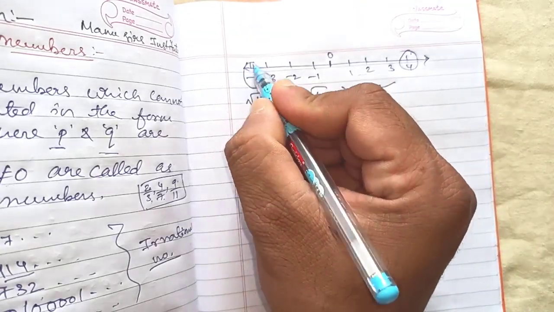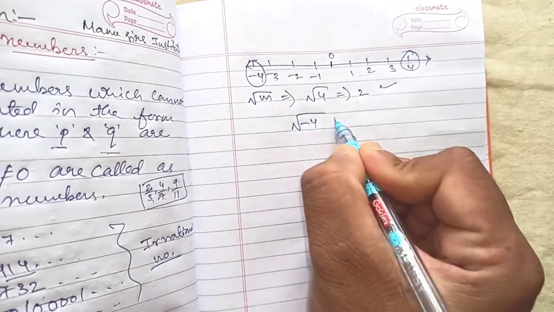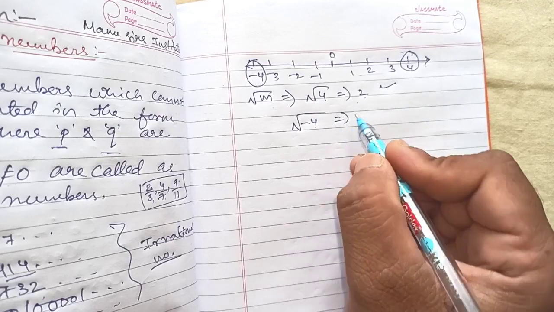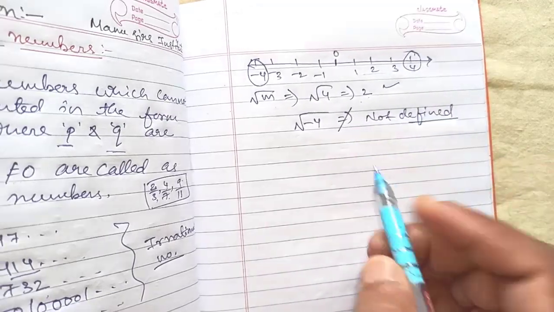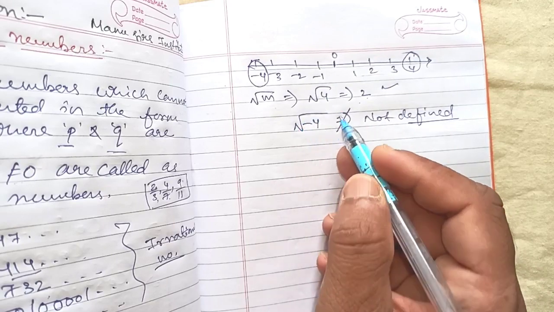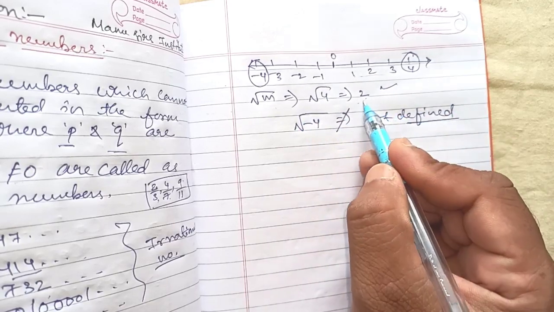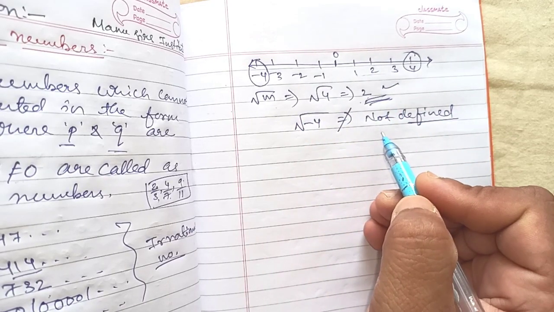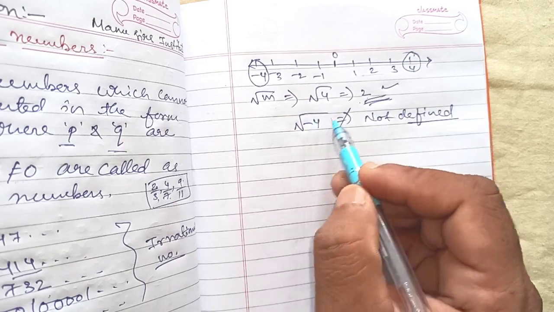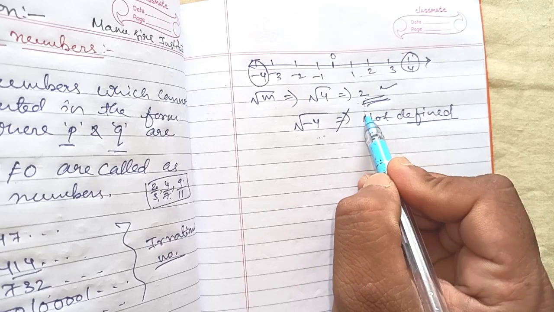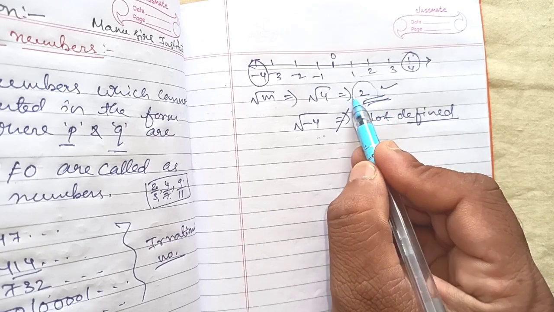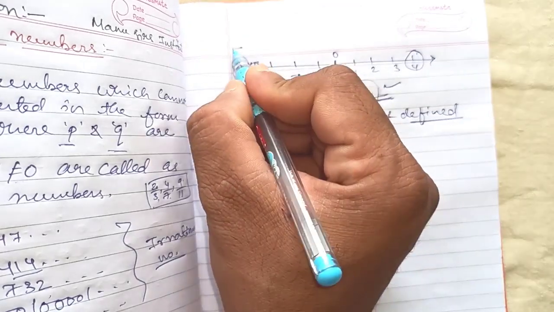But if I take minus 4, do we know what is the root of a negative number? We can't find it, it is not defined. The square root of negative numbers is not expressed in the form of a natural number, so it is false.